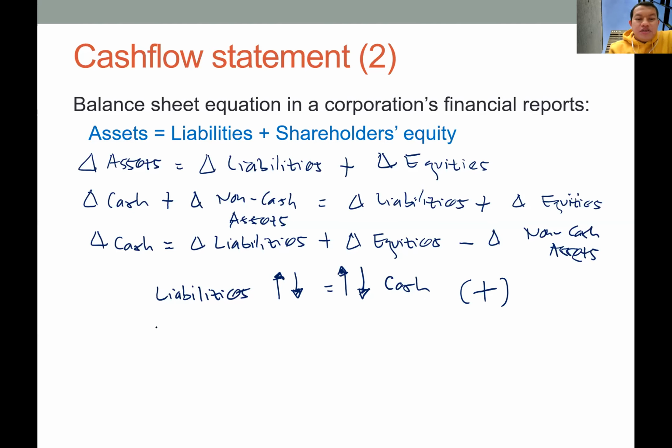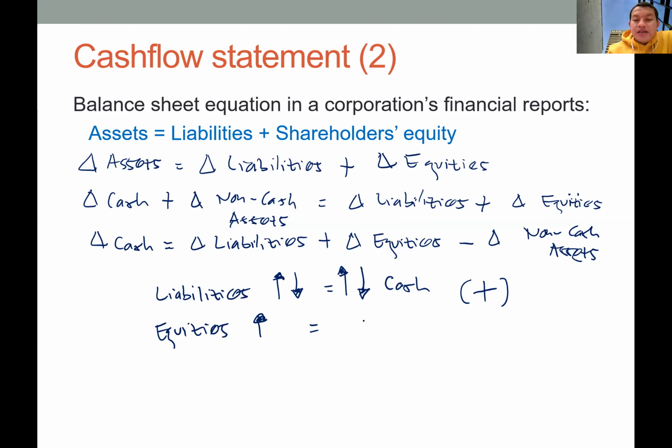What about equities? If we have an increasing balance of equities, it means the company issued more shares to the shareholders, or they are offering more shares to the market.